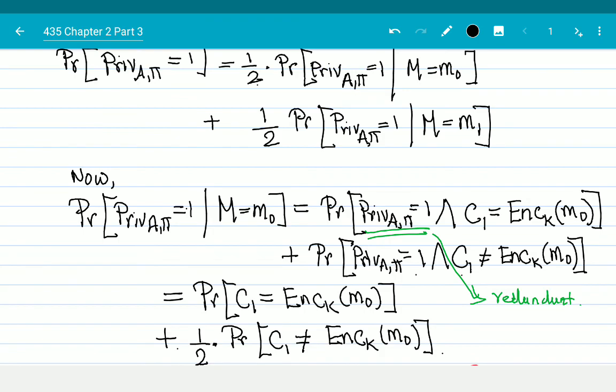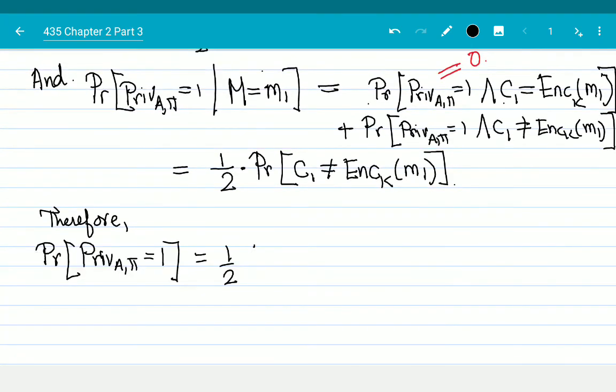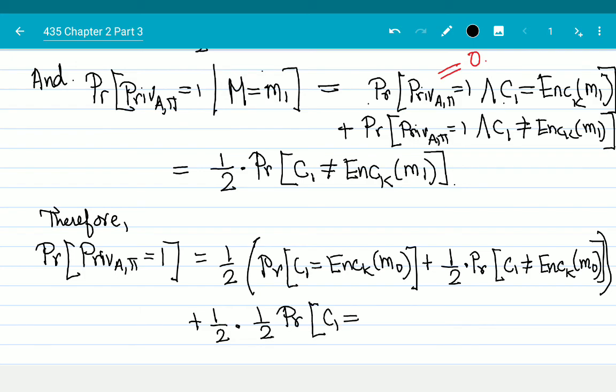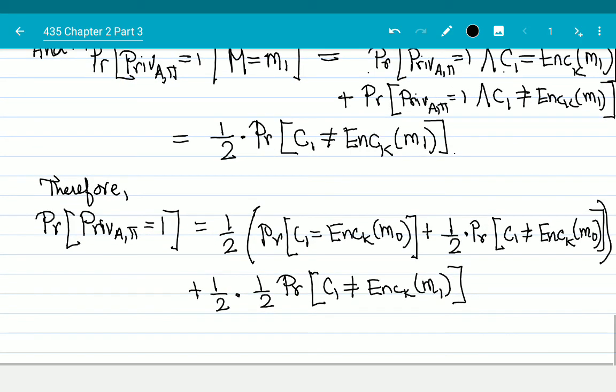So I'm using this sum right here, right? 1/2 times the probability, if the message was M0, that C1 is equal to encryption K of M0, plus 1/2 times the probability that C1 was not equal to encryption K of M0, plus 1/2 times 1/2 probability that C1 is not equal to encryption K of M1. Okay, great.